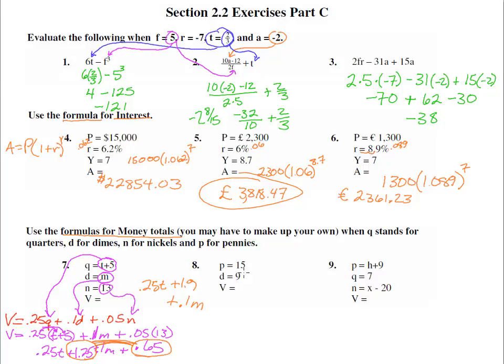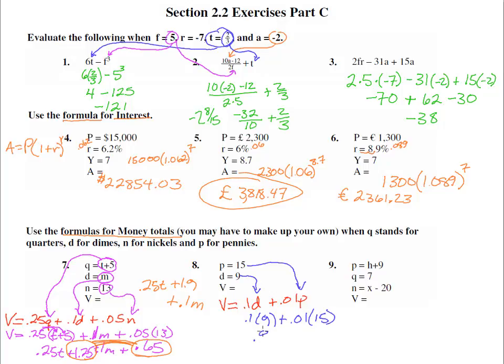Let's do number 8. Here we have the formula where we've got dimes and pennies. That's nice. So it's going to be 0.1 times the number of dimes plus 0.01 times the number of pennies. So this one looks like it's kind of nice. We don't have the crazy stuff that was going on in number 7. 0.1 times 9 plus 0.01 times 15.